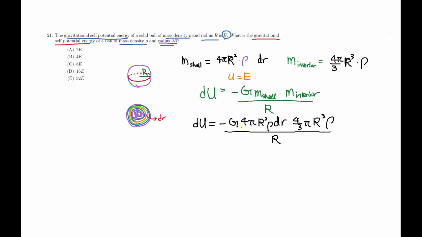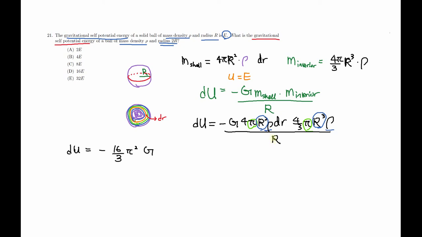You will notice that we can combine some like terms here. For example, rho can be combined and our radius can be combined, and also divided by the denominator r, and maybe pi's can combine as well. So those are the like terms. So dU equals negative 16 over 3 pi squared G rho squared r to the fifth.